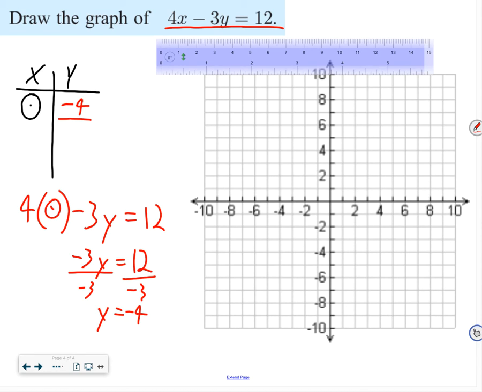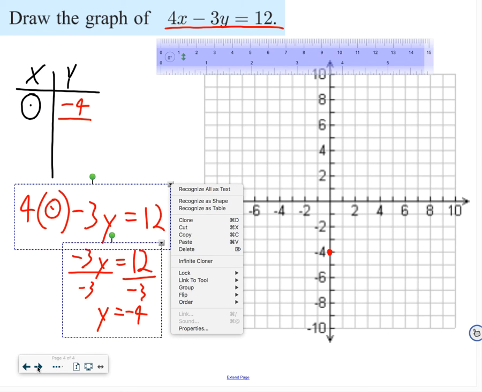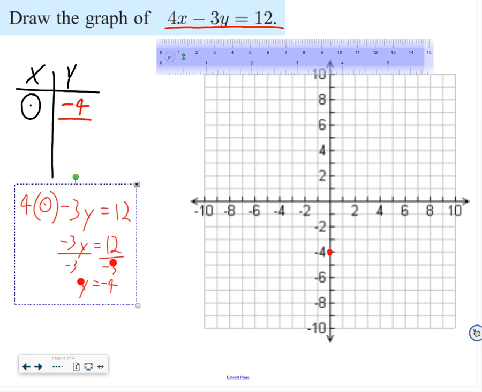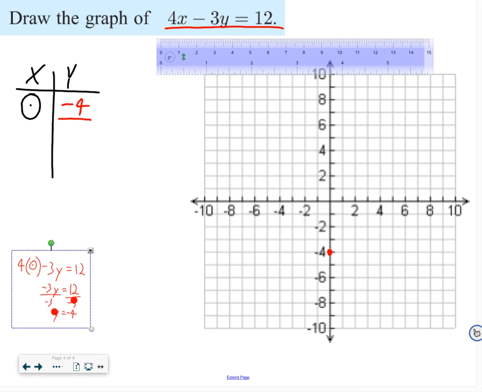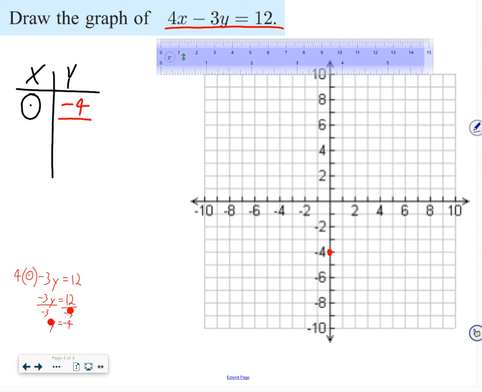Okay, so when x is 0, my y value is negative 4, so I come down here and I can plot that point. Okay, so what I want to do next is find my x-intercept. I'm going to do that with a similar strategy, but now I let my y be equal to 0.